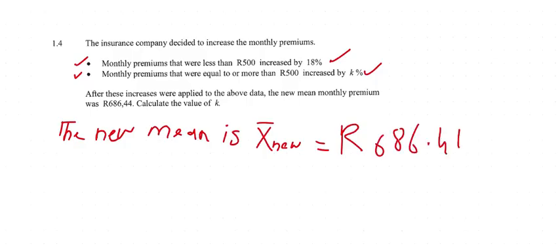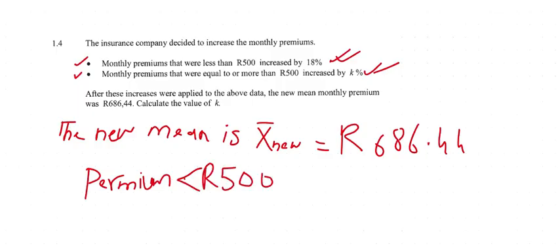So the first one, we have a premium which is less than R500, and we say that it is group 1.